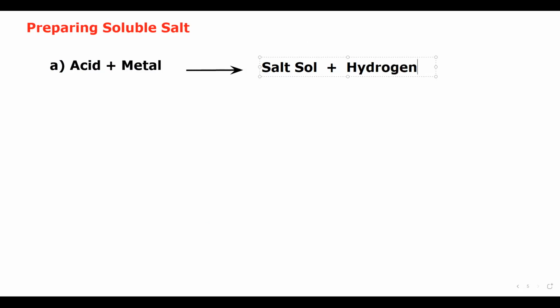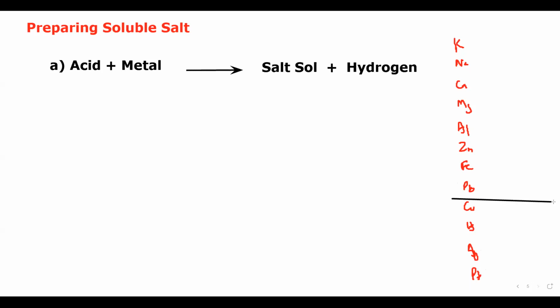And one more thing you have to remember, not all metals react with acid. There is a reactivity series. What is the reactivity series here? We have potassium, sodium, calcium, magnesium, aluminum, zinc, iron, lead, copper, mercury, silver, gold and platinum.